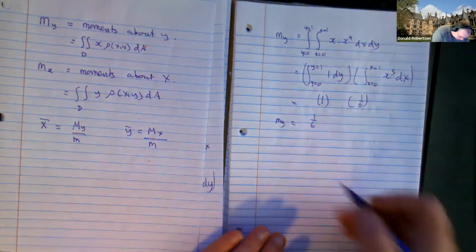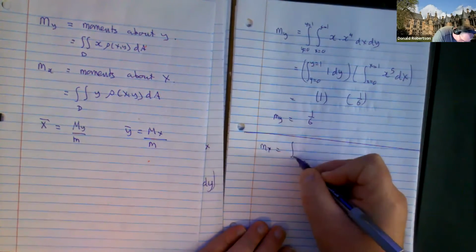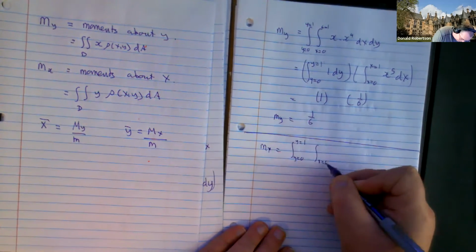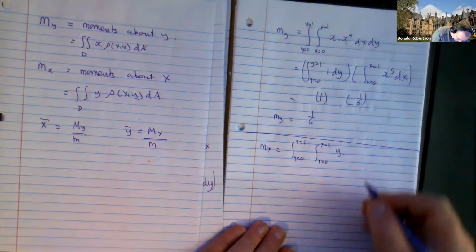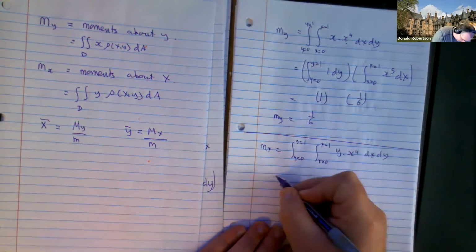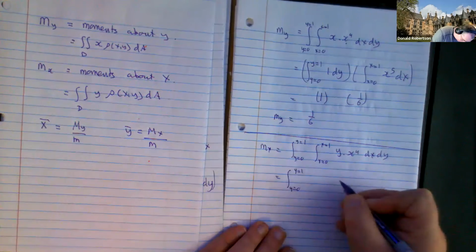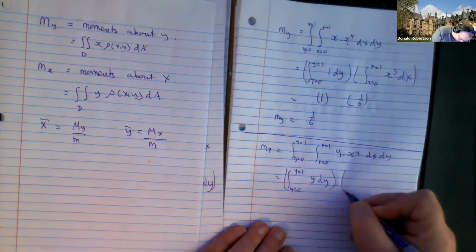Right. So we're now going to get the moments about x's, which is the double integral of y times the density function, dx dy. And this does separate. That's where the y's go.